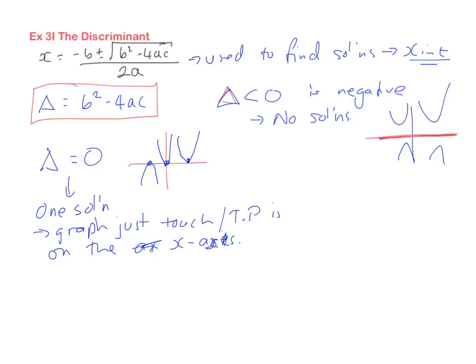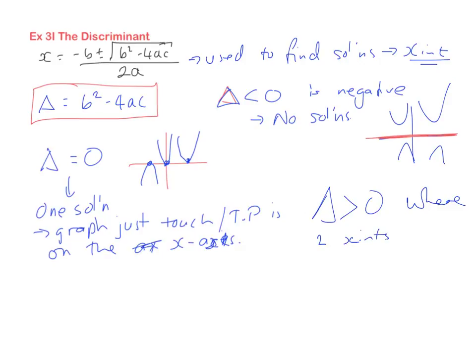So we've looked at less than 0, which means the graph doesn't touch it. We've got equals 0, where it just touches. Obviously we've got one more, where it's greater than 0, and that's where there are 2 x-intercepts.